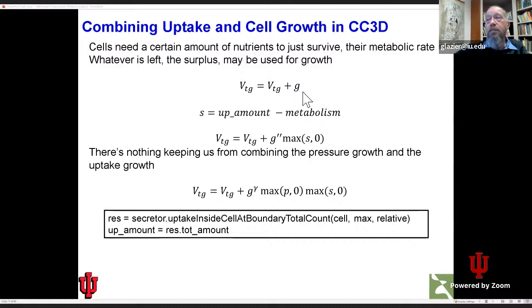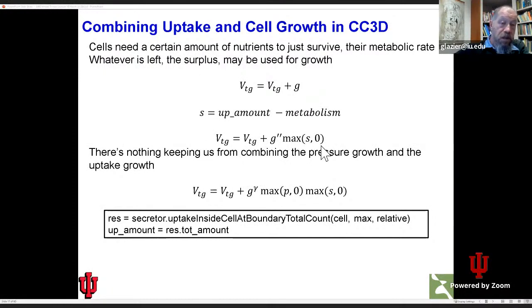And in the second case, if we say that S is the amount of surplus nutrient available to the cell, the uptake amount minus the resting metabolism, then we could say that the target volume is the target volume plus some growth rate times, here we're assuming the cell doesn't shrink, the maximum of the available nutrient and zero.